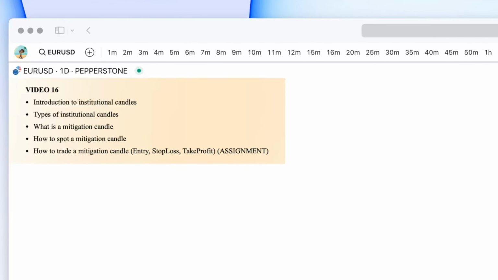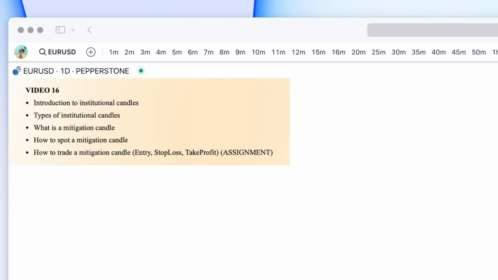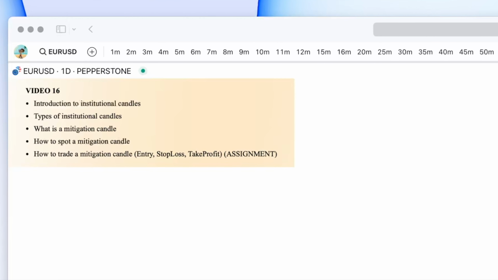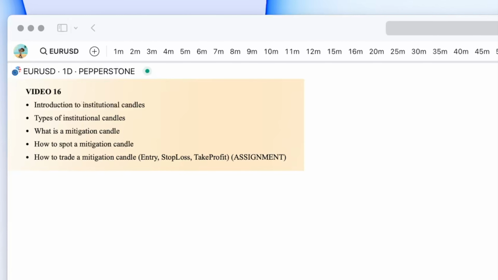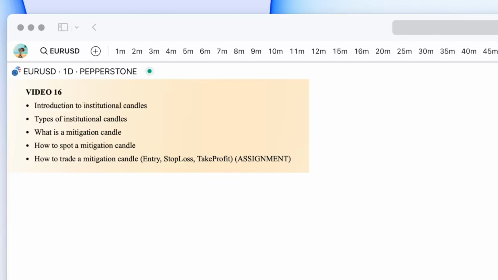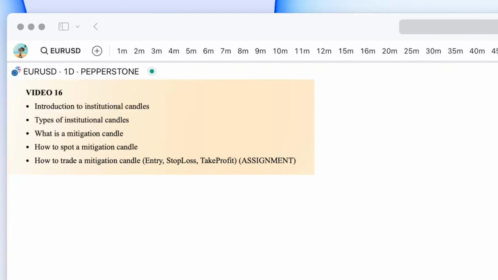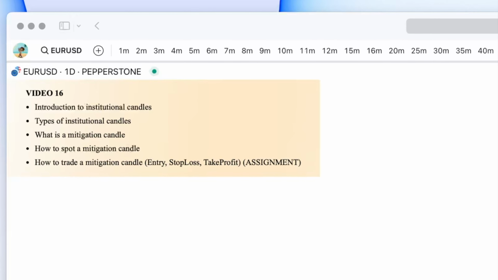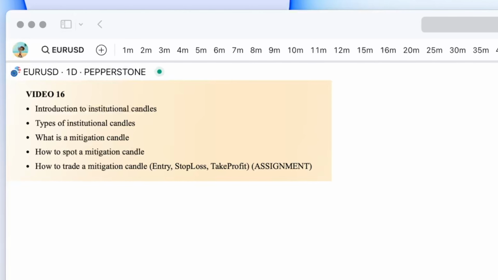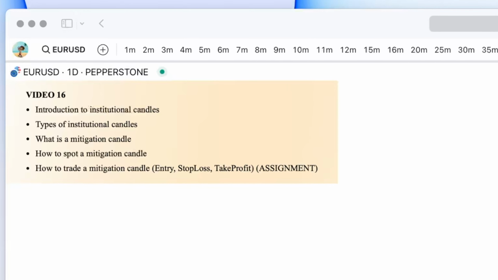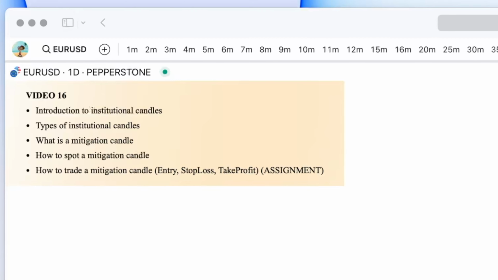So again, today we are going to be looking at an introduction to institutional candles, types of institutional candles, what a mitigation candle is, how to spot a mitigation candle, and then how to trade a mitigation candle.